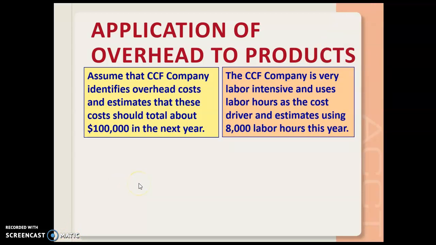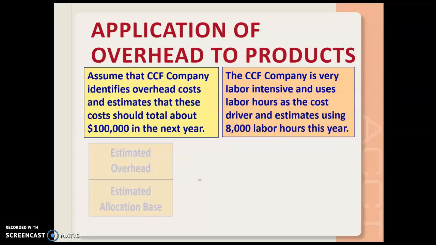All right, so getting back to the furniture company, we looked at their job cost sheet, Charles Furniture Company. They estimate that overhead costs should total about $100,000 next year. They're very labor intensive building furniture, so they're going to use direct labor hours as their cost driver, and they estimate they'll use 8,000 labor hours.